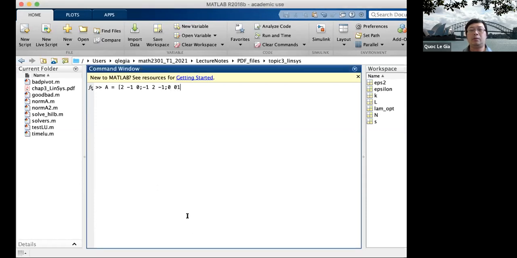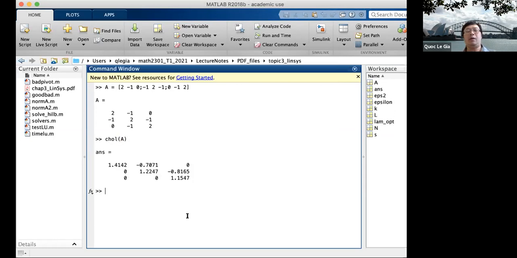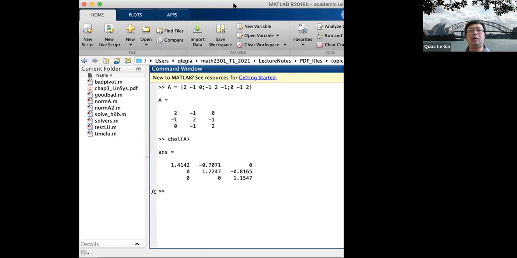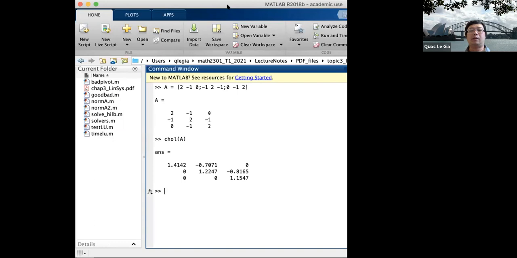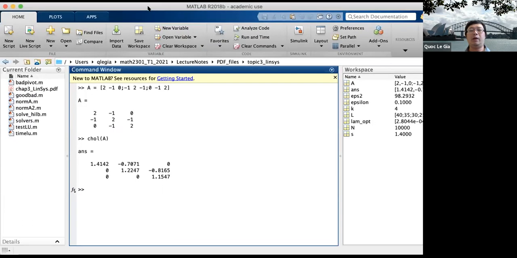You put in Cholesky of A. Then you see this one is square root 2, this one is minus 1 over root 2. This is exactly the one we had on the slide.